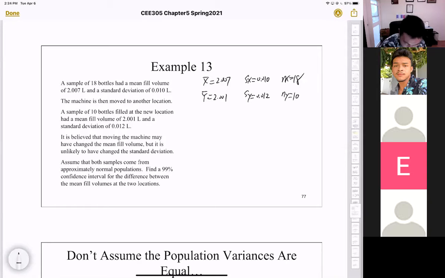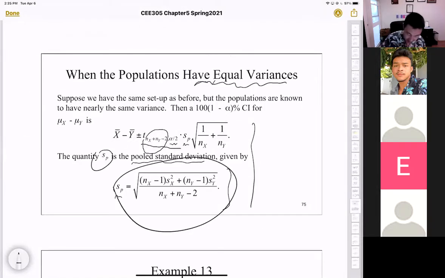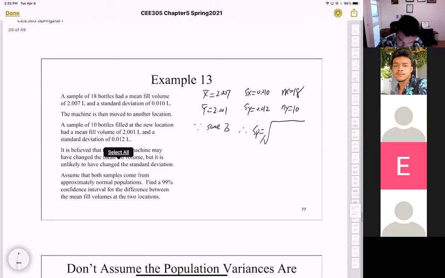Because they have the same sigma, the same population standard deviation, we use the equation here. So we calculate SP. SP is based on that complicated equation, this one. Just plug in the numbers for nx, sx, ny and sy, which the question already tells us. So we calculate SP.